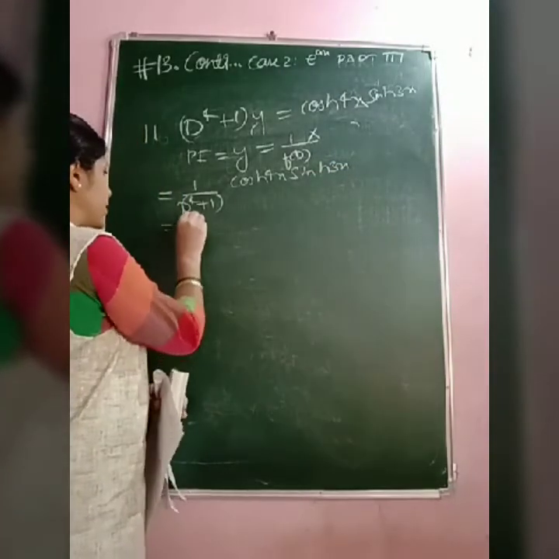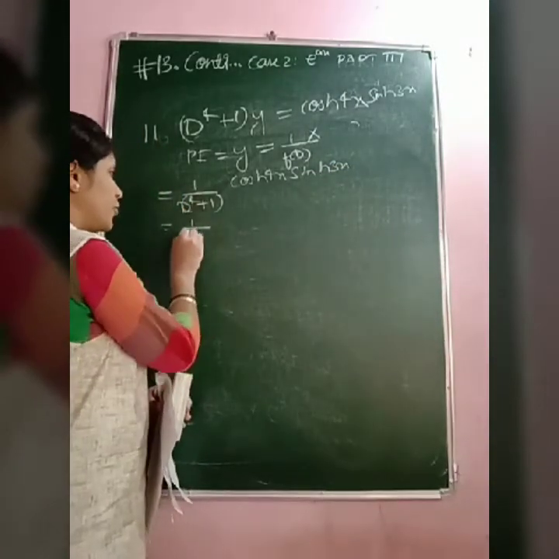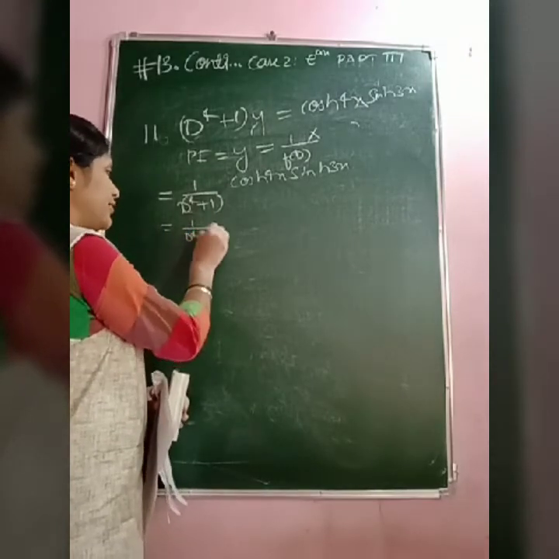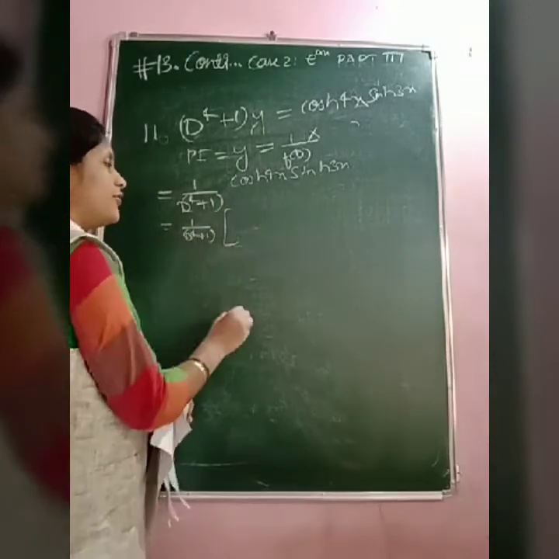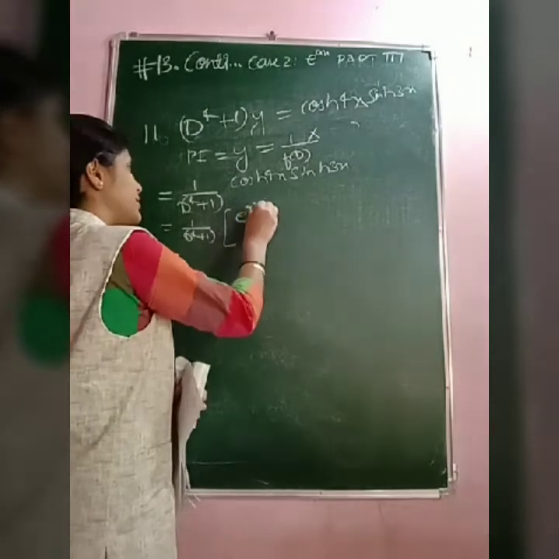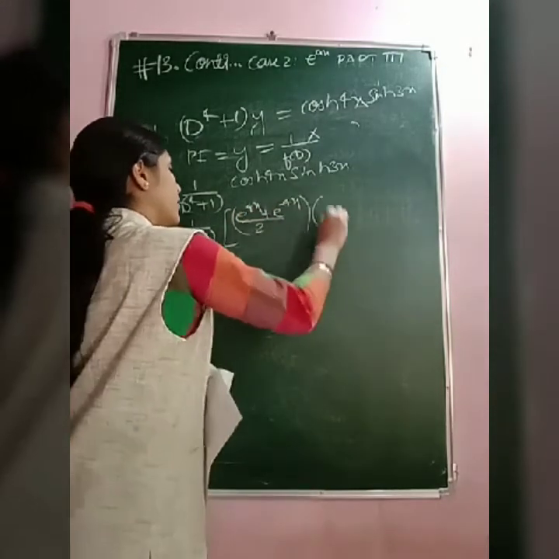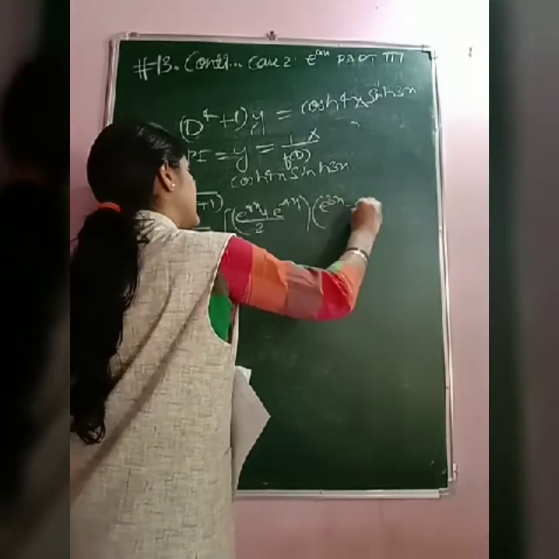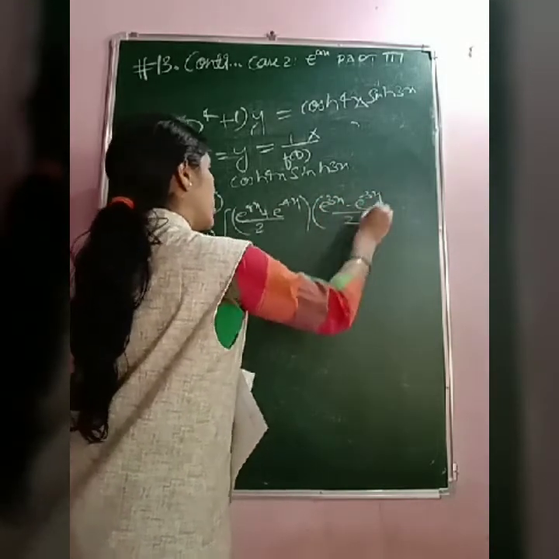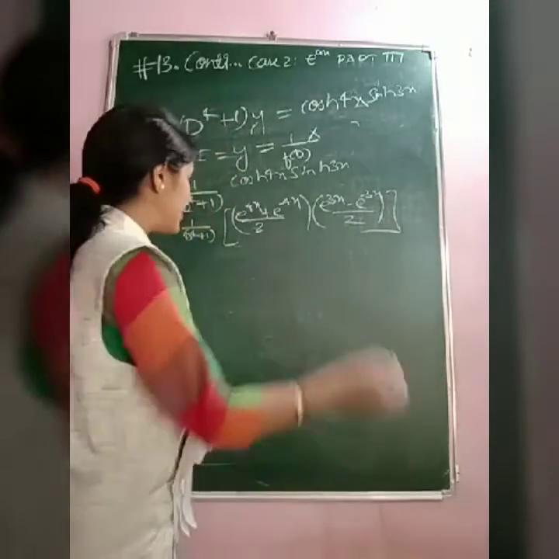So this is nothing but 1/(D⁴ + 1). Already we know the meaning: cosh 4x is (e^(4x) + e^(−4x))/2 and sinh 3x is (e^(3x) − e^(−3x))/2. So completely the same example. Let us solve this.